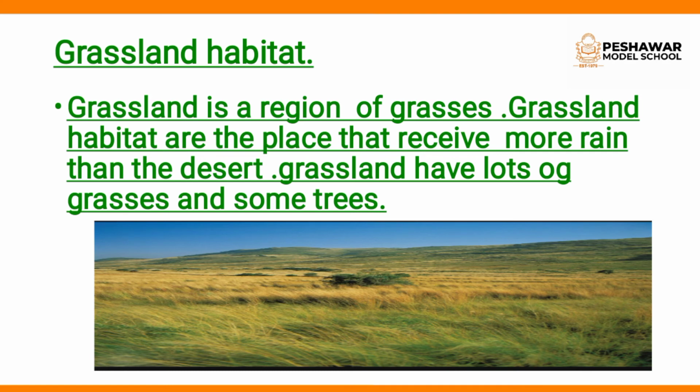Grassland habitats are places that receive more rain than the desert but less precipitation than forest. Grassland has lots of grasses and some trees. They have a rainy and dry season. The dry season is longer than the rainy season. Giraffe and zebra live in the grassland and eat plants. Leopards, cheetahs, and lions hunt these herbivores.